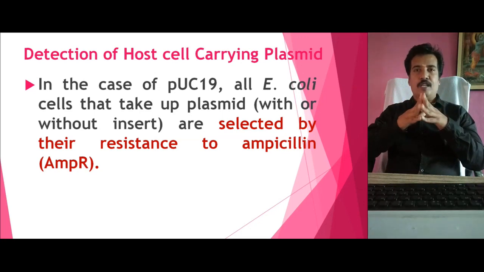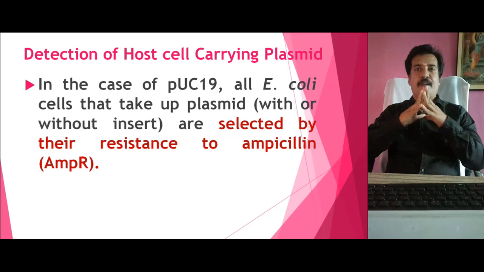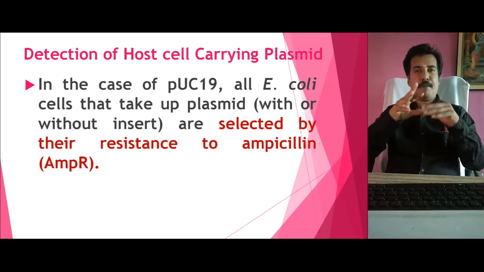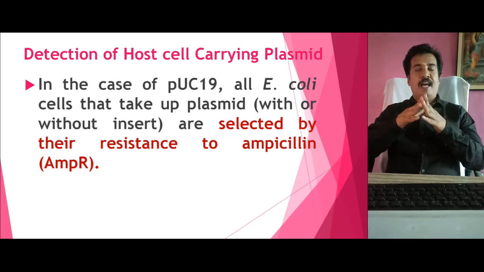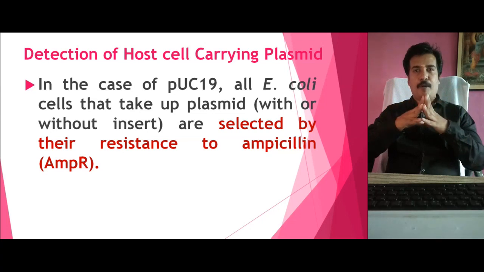If I grow the cultured cells in a selective medium, a medium which carries the antibiotic ampicillin, the bacteria which don't carry the plasmid don't have ampicillin resistance, so they will die, and the bacteria carrying the ampicillin resistance gene in the plasmid will grow. That means the plasmid-inserted host cell will grow in the medium, and the cell which doesn't contain the plasmid will die. So this is how the biomarker works.